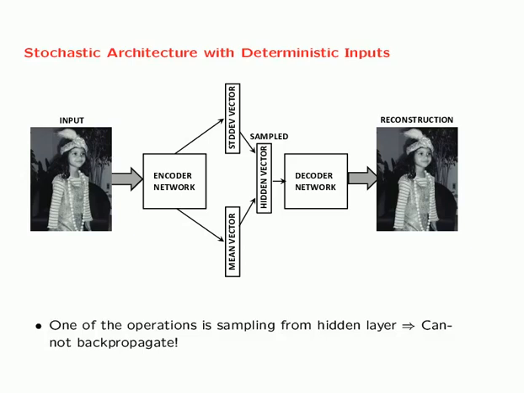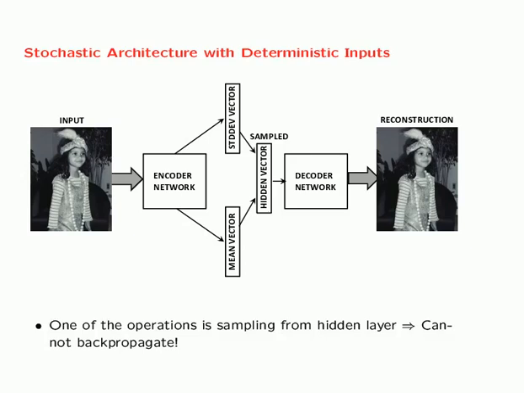Now the problem with this autoencoder architecture is that there is a sampling operation, and you cannot backpropagate, because the sampling operation is not a continuous operation, and you cannot backpropagate through it. So the question is, how do you create a purely deterministic architecture which you can backpropagate?